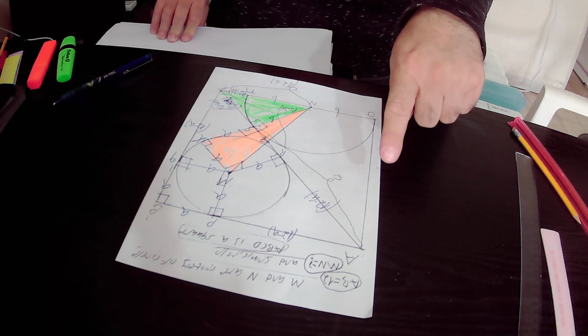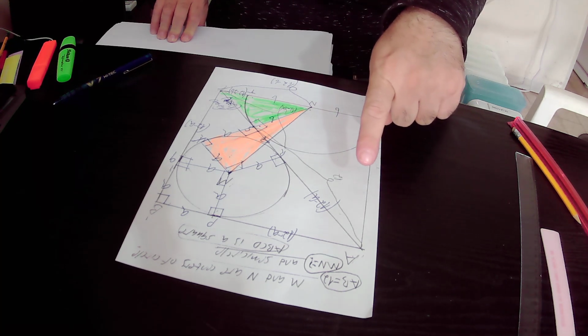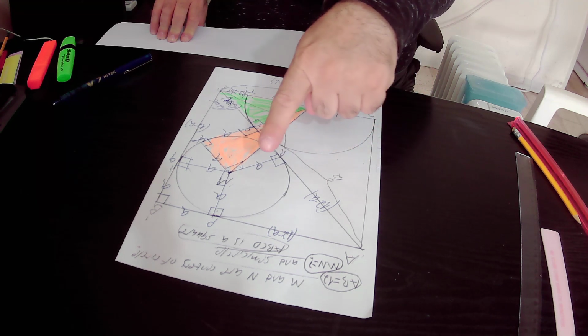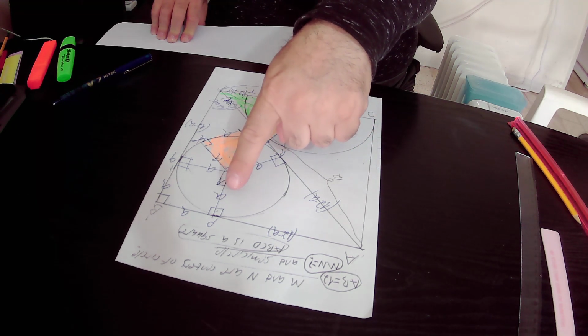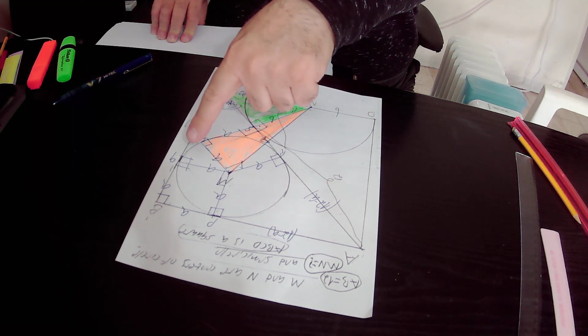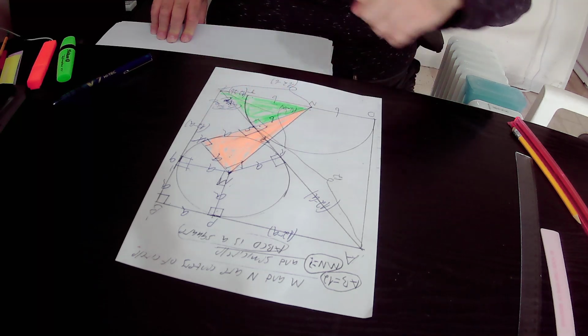Actually, this circle is tangent to the square at 2 points. Point P is the point of tangency, point Q is the point of tangency of the circle with the square.